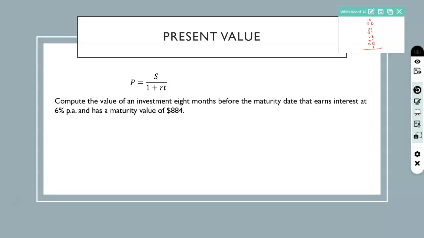Compute the value of an investment 8 months before the maturity date that earns interest at 6% per annum and has a maturity value of 884. So here the maturity value, that is S, is 884, R is 6%, that is the per annum rate, and time is 8 months.